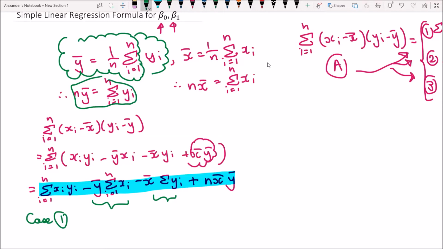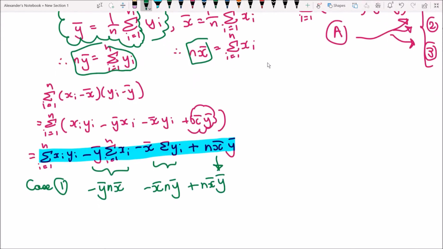So this one over here is negative x bar times n y bar. The term negative y bar times the summation from i equals 1 to n of xi is just n x bar multiplied by negative y bar, so it becomes negative y bar times n x bar. And then if we bring this term down, we have plus n x bar y bar.